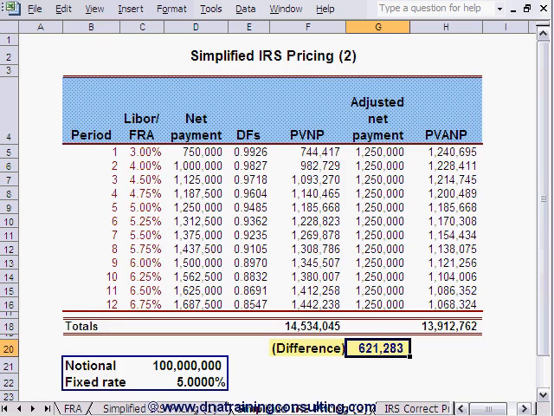Now we resort to goal-seek to find the exact solution, i.e. the one that leaves the PV difference in cell G20 equal to 0.